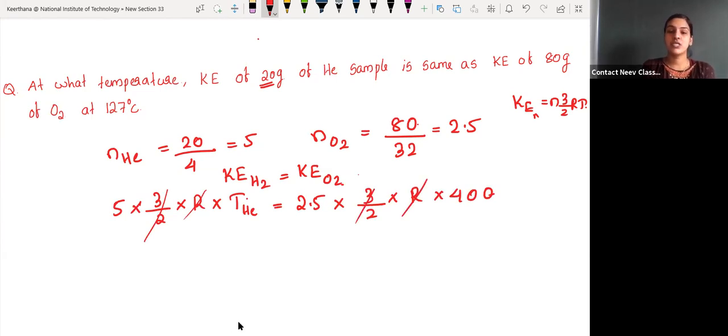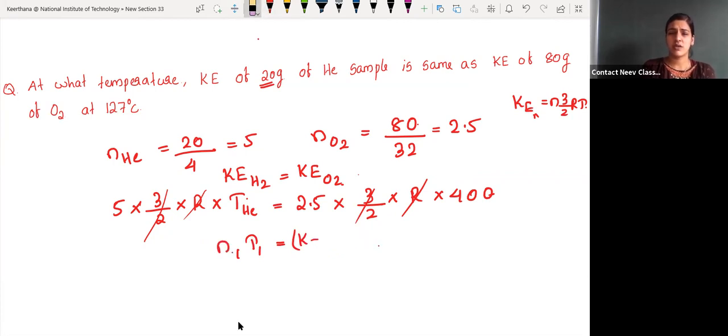This is an equation like V1 T1 is equal to V2 T2. Or kinetic energy 1 into temperature 1 is equal to kinetic energy 2 into temperature 2. Okay, not kinetic energy, number of moles, since here number of moles are different.